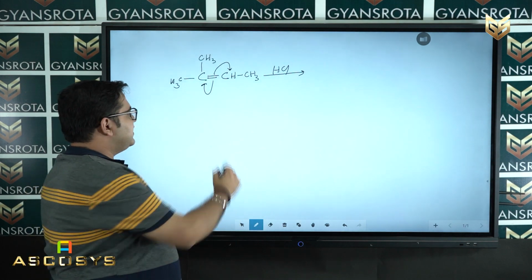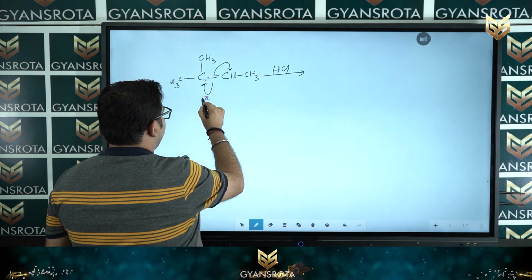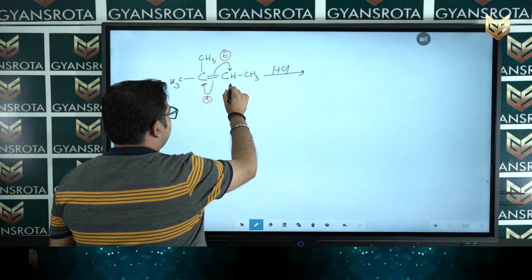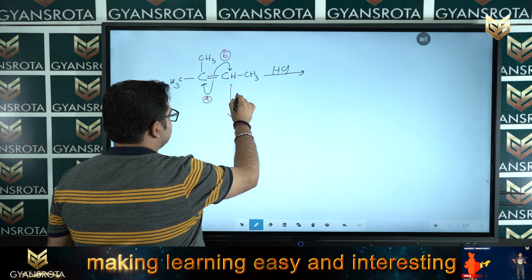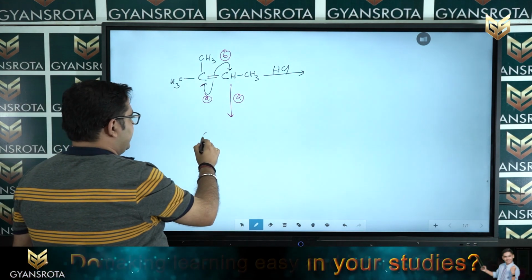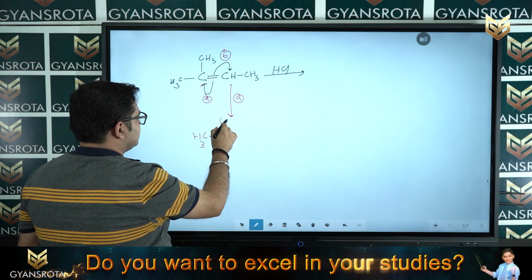First, let us consider this one. So, here I am going to put a label, that is A and this is B. So, now follow the A trend. So, if I am breaking this bond, what do we get? We obtain this as the product.